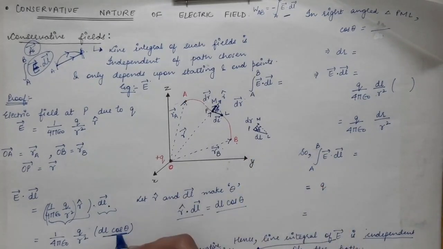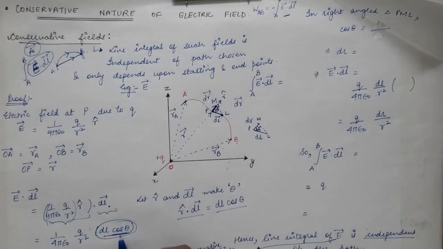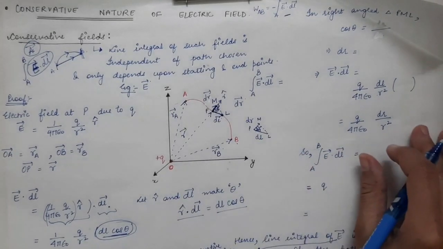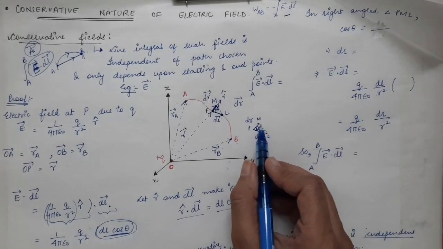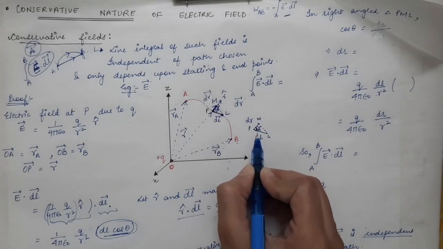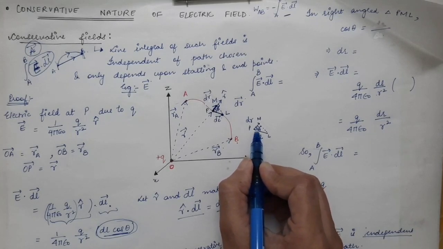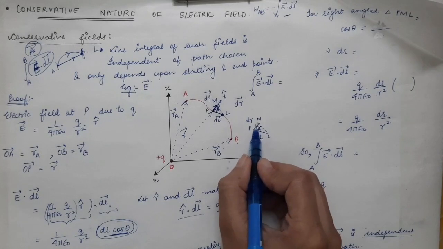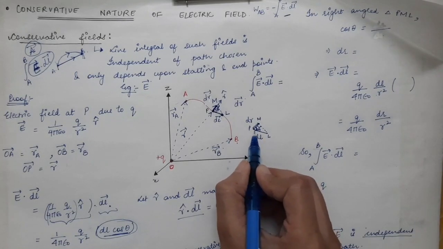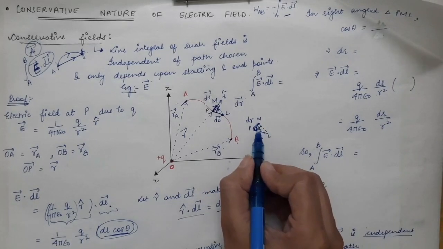Now we are going to see what dl cos theta is. First of all we have to find cos theta. In this right angle triangle, cos theta is base upon hypotenuse. You are taking cos of this particular angle, which will be base upon hypotenuse. What is the base? It is PM. And what is the hypotenuse? It is PL, because this is the perpendicular.